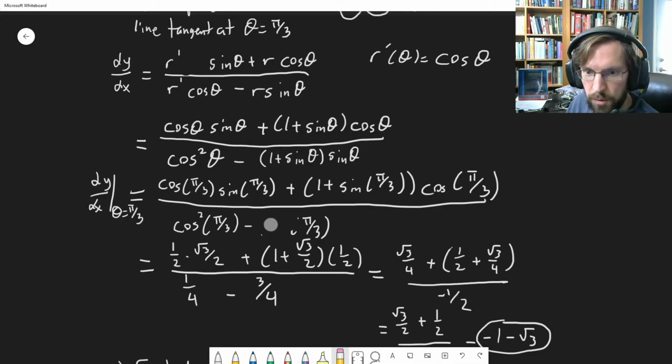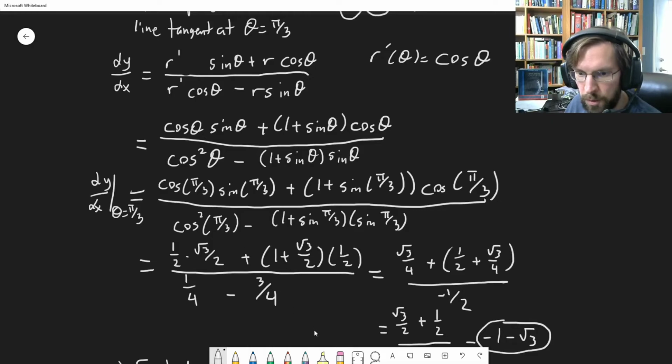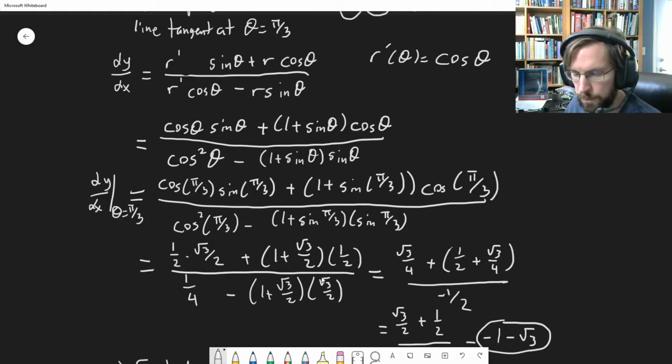So that means this is going to be 1 plus sine pi over 3 times sine pi over 3. So this should be 1 plus root 3 over 2 times root 3 over 2.